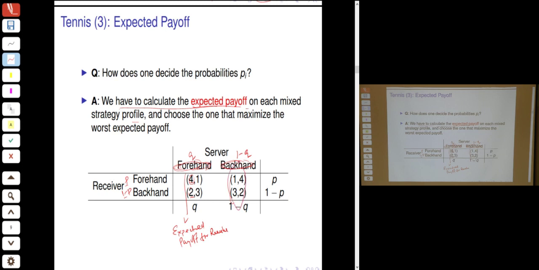Similarly, for this column you get an expected payoff for the receiver. Of course, these two expected payoffs will not necessarily be the same.